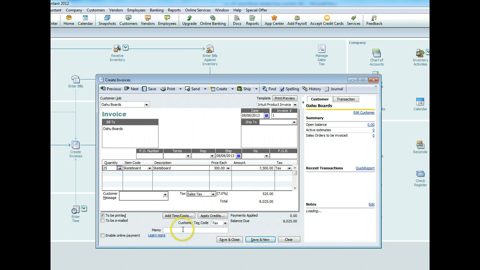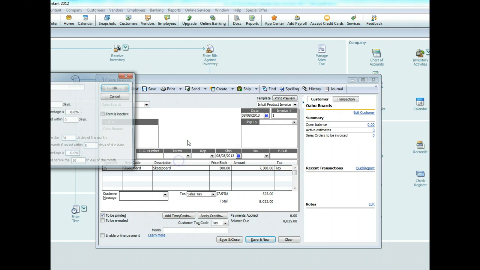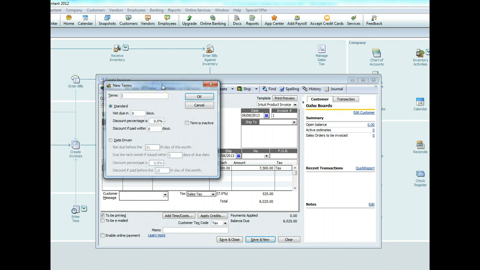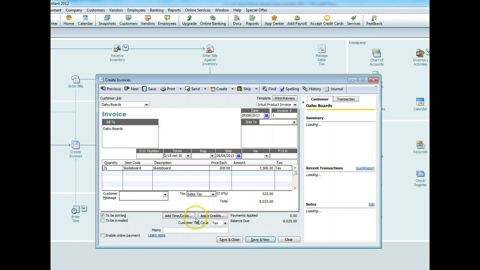There's my tax. And I'm going to extend them terms of 2/15 net 30. So I have to add that. 2/15 net 30. That means the net is due in 30 days. Discount percentage is 2%. Discount if paid within 15 days. Okay, there's the terms.